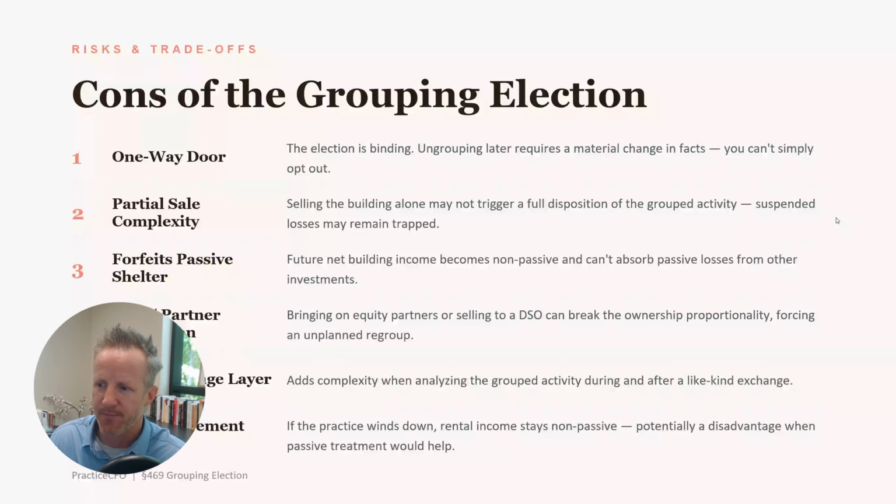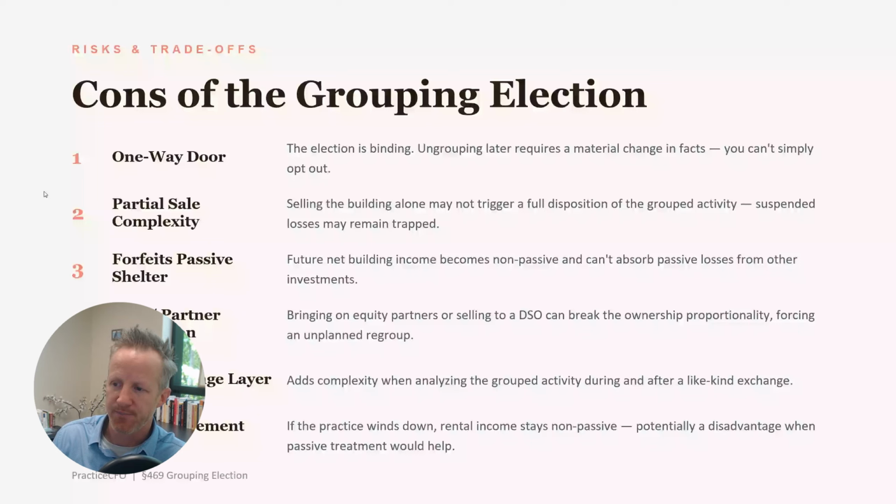Number three, you forfeit passive shelter. Future net building income becomes non-passive and can't absorb passive losses from other investments. So once you make this election, remember in my earlier scenario where I said you have the duplex down the street, and that's passive income, passive losses.